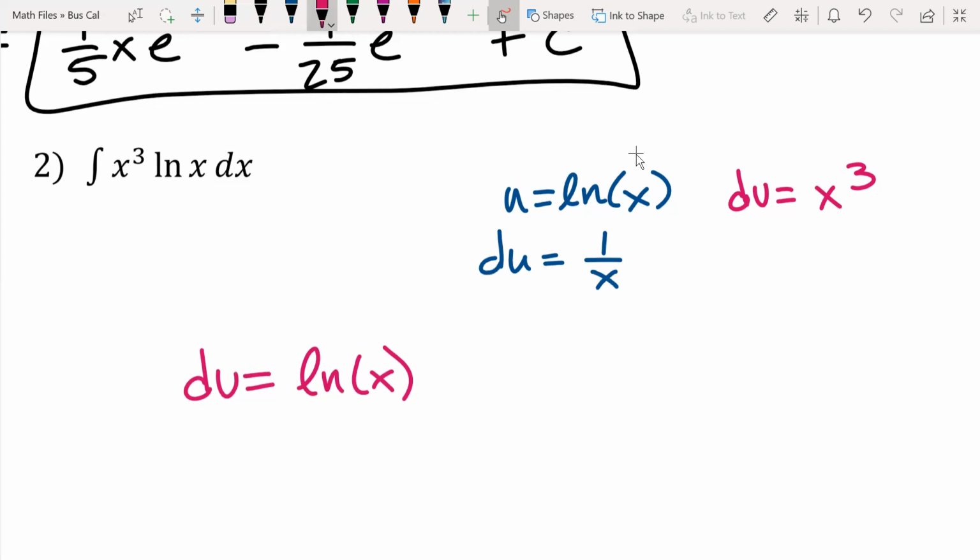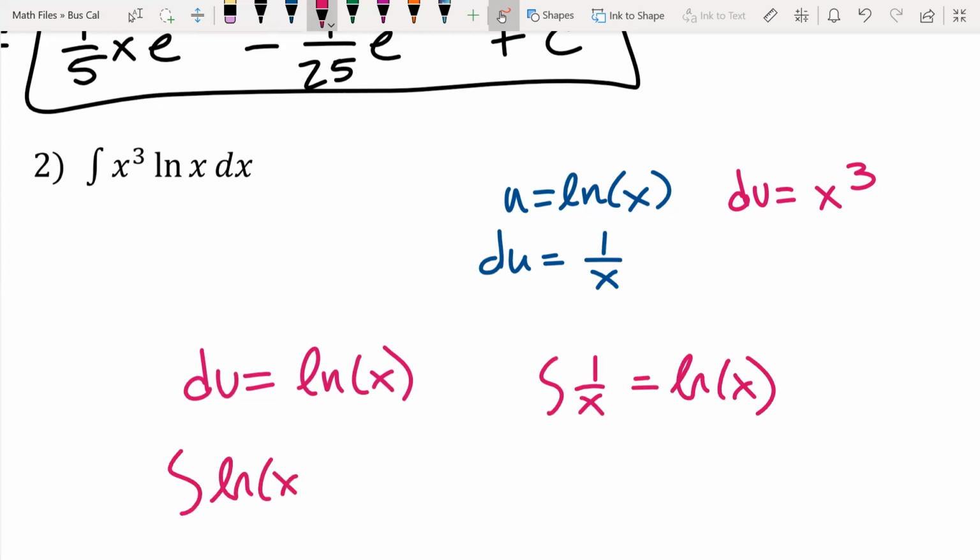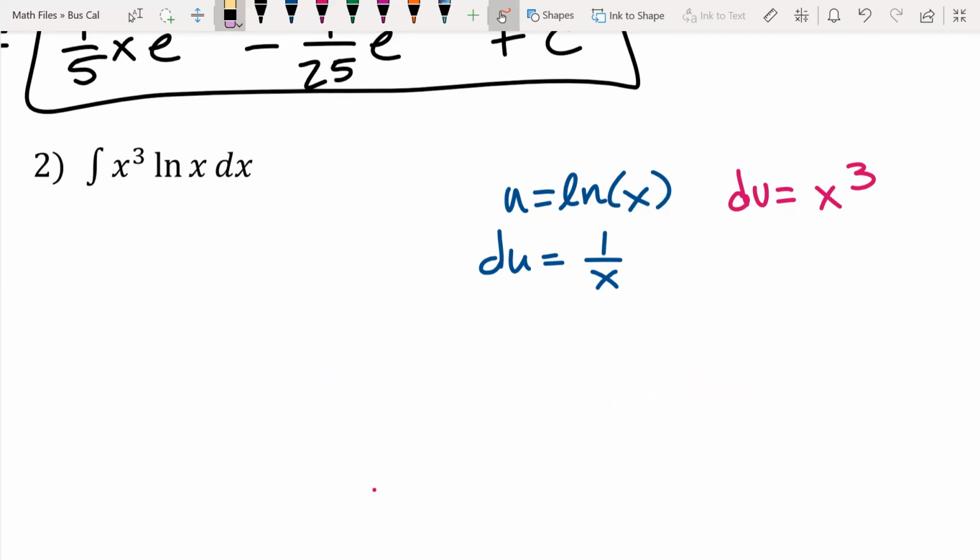And we know that the integral of 1 over x is the natural log of x. But we have no idea what the integral of the natural log of x is. Therefore, we let u equal the natural log of x this time, and dv equal x cubed. There is an integral to the natural log of x, but we're not going there.